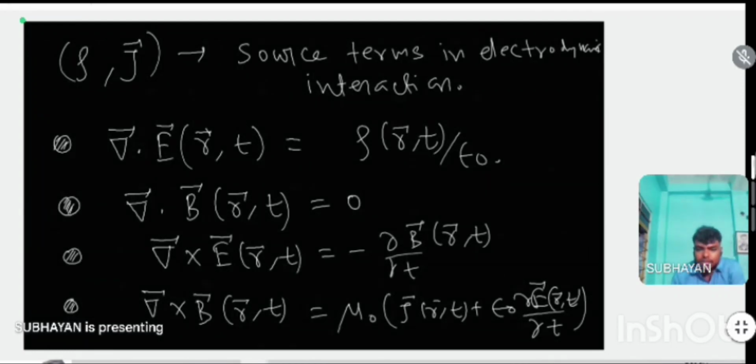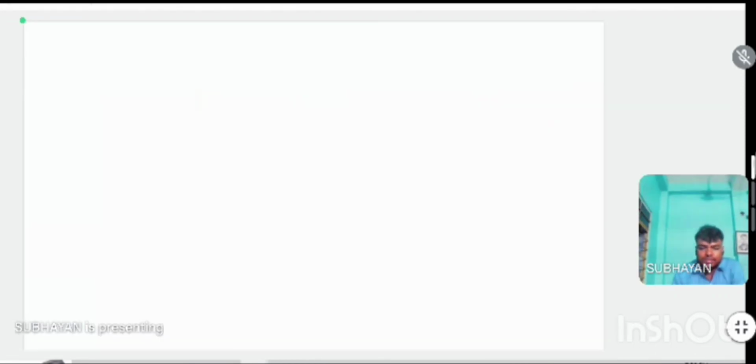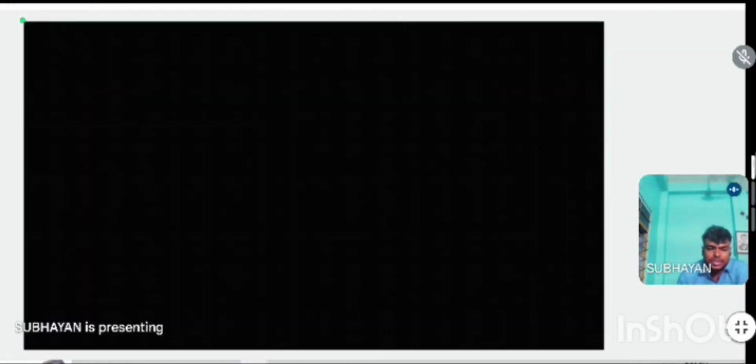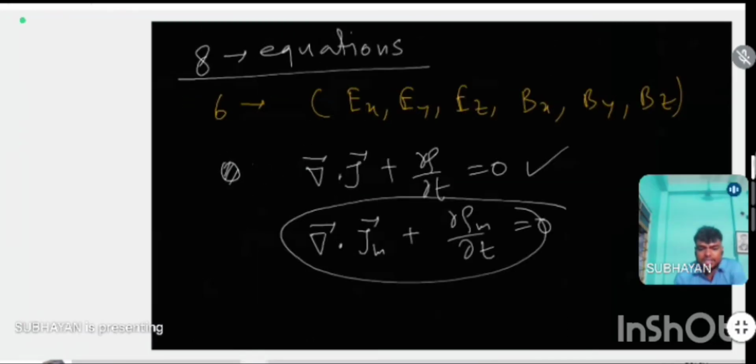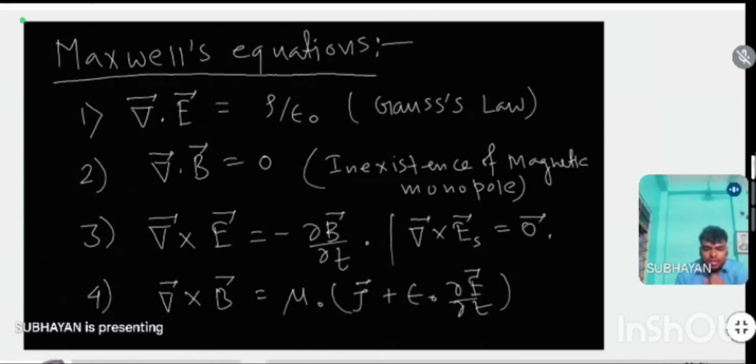Okay. Now there are 4 explicit equations. You have already answered 4 explicit Maxwell equations. Amongst them, the second and third equations are somehow different from the other two.